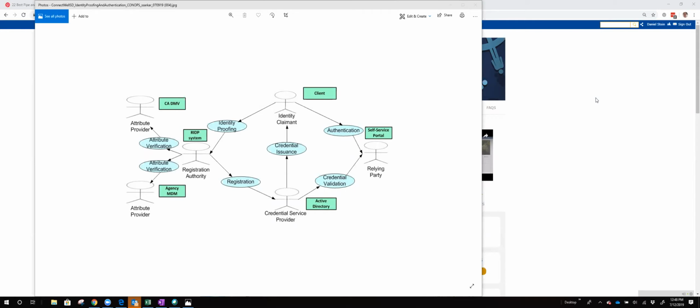And that's the beauty of the thing: one identity proofing system can direct multiple credential service providers to issue credentials. And one credential service provider can support many applications, many relying parties. So just by doing the identity proofing in one place, we are able to enable an entire ecosystem.